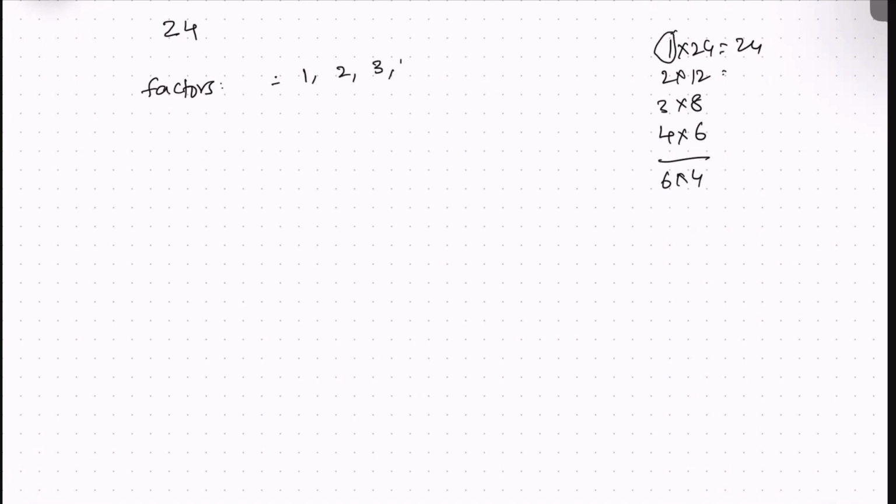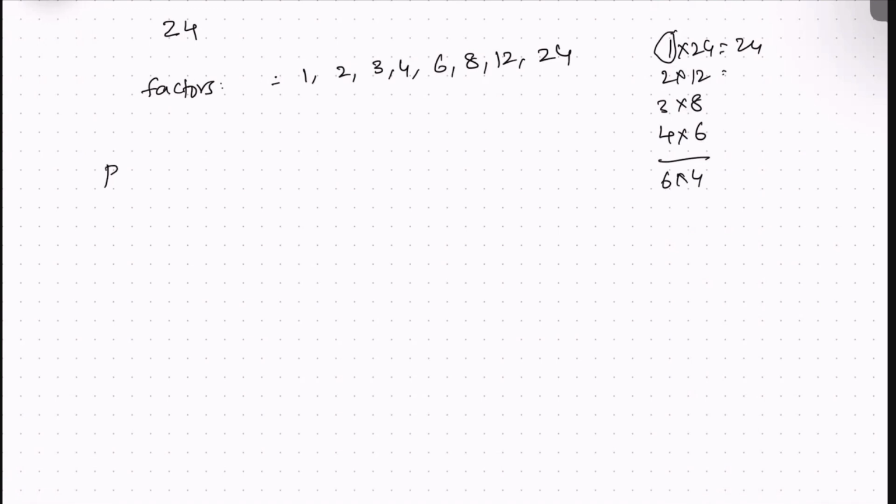To get the factors of 24, we go with fact families. 1 times 24 is equal to 24, 2 times 12 is 24, 3 times 8 is 24, 4 times 6 is 24, and after that it is 6 times 4, a repetition of the earlier ones. Each member in this fact family is a factor. So if I list them down: 1, 2, 3, 4, 6, 8, 12, 24, these are all the factors of 24.